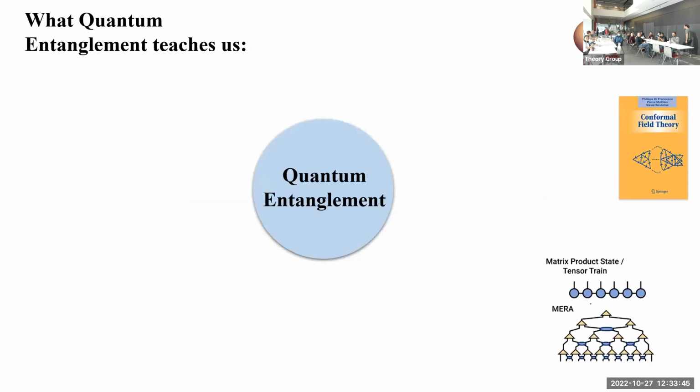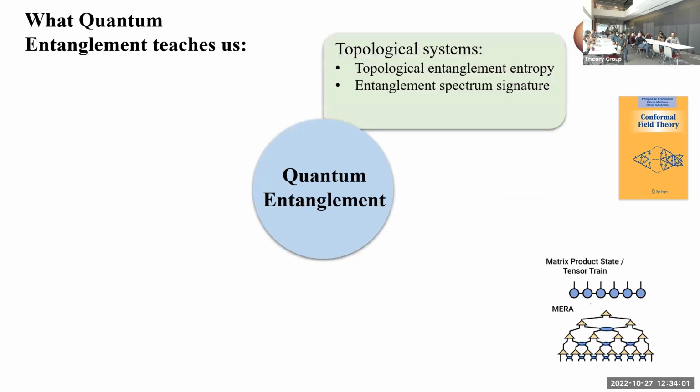Okay, so let me start. We are going to focus on quantum entanglement, and the specific question is what quantum entanglement can teach us about the different phases of matter. Suppose we look at a topological system.